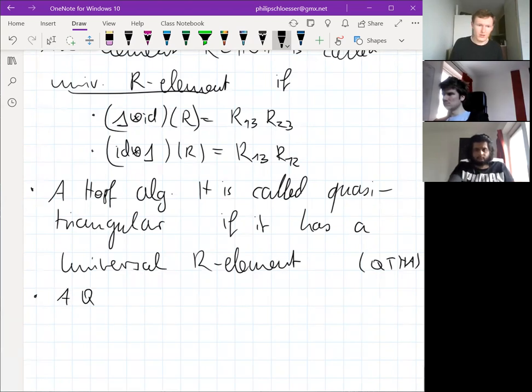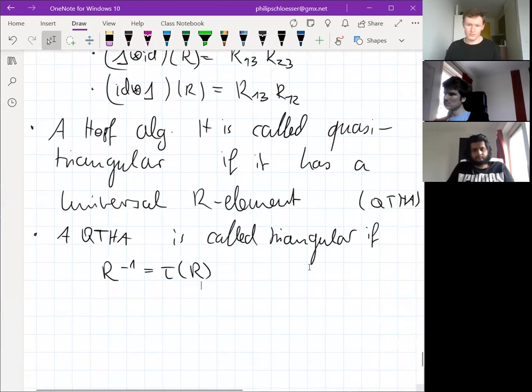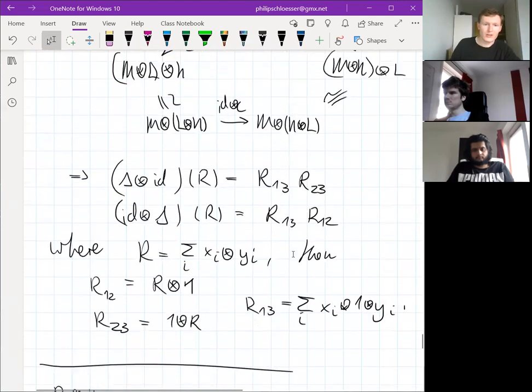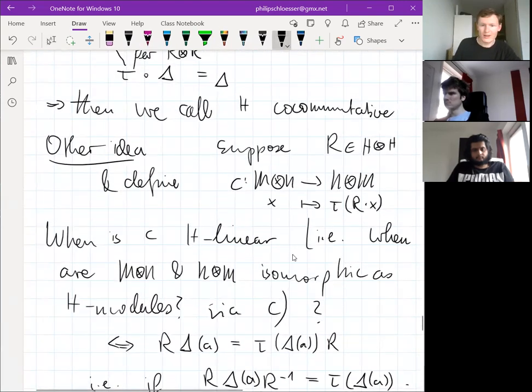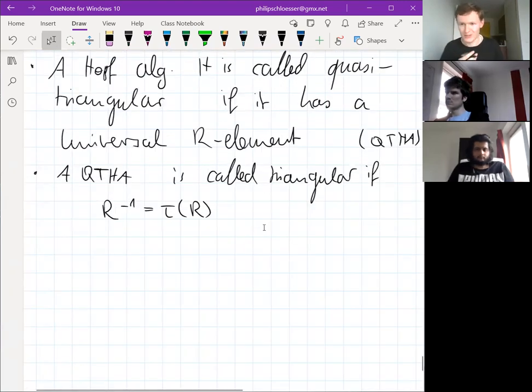And lastly, a QTHA is called triangular if it has a universal R element satisfying R inverse is equal to tau of R. Or if we consider this map C, it's basically saying that C applied after C is the identity, or that C is its own inverse.